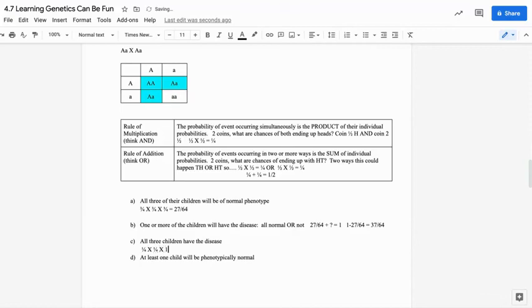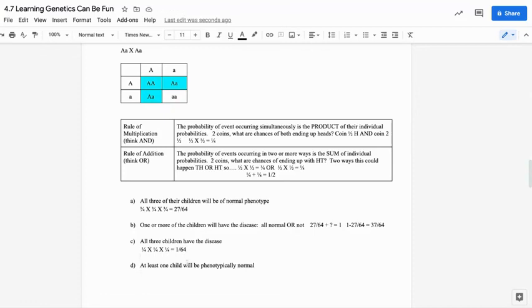I know they might not give birth all at one time, but they might. You never know. They're triplets. Anyway, so 1/4 times 1/4 times 1/4. So 1 times 1 times 1 is 1. 4 times 4 times 4 is 64. Okay, so pretty slim chance that all 3 will have the disease.